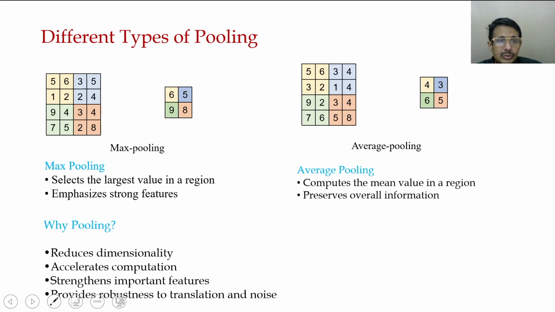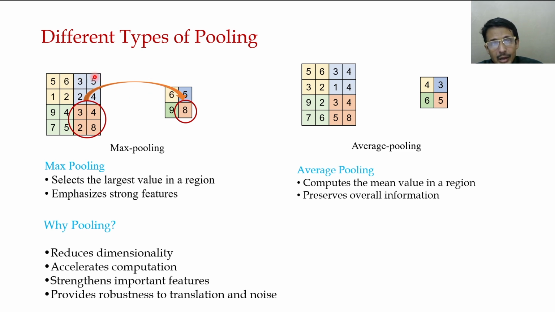In this position it is 9, and in this position it is 8. Now one thing you have to understand here: there are 4 values, now it becomes 1.